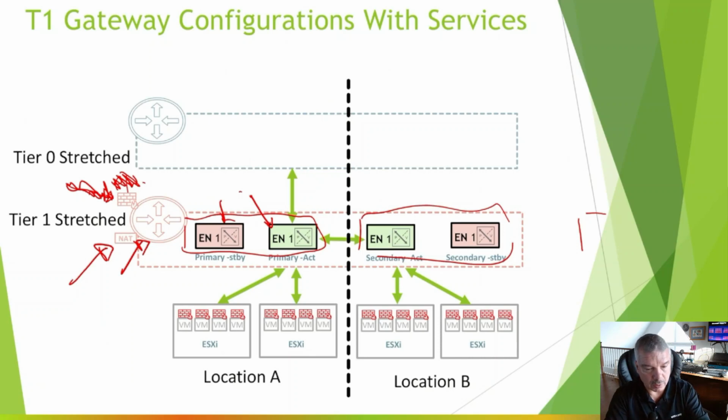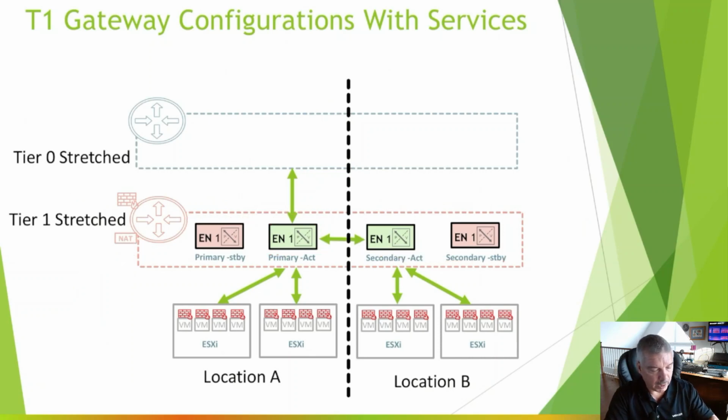Okay, so locally, again, any traffic going out of this tier 1 will go through that edge node at location 1. Okay, and how about location 2? Again, any traffic going out that tier 1 will go through its active edge, and in this case, it's got to come across over here, because it's basically like a primary secondary site, because this is now the active, and it's got to come up through this way.